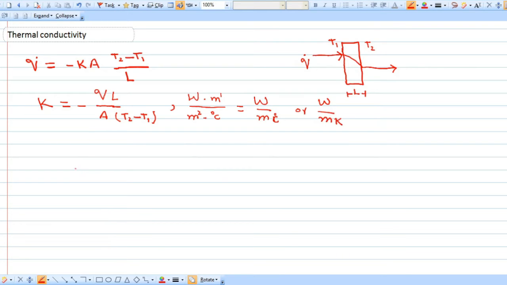These are the units of thermal conductivity. Thermal conductivity of materials varies, and this depends upon many factors: material structure, moisture content, density of the material, and also temperature as well as pressure.